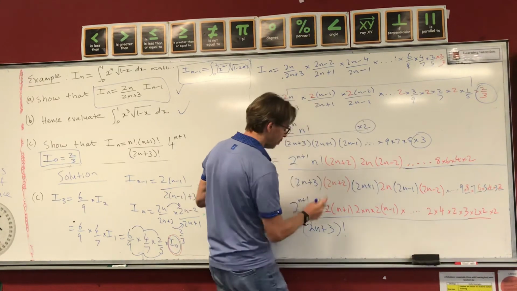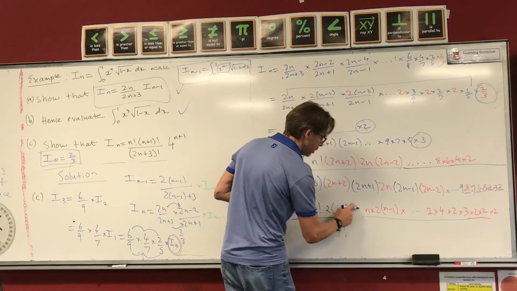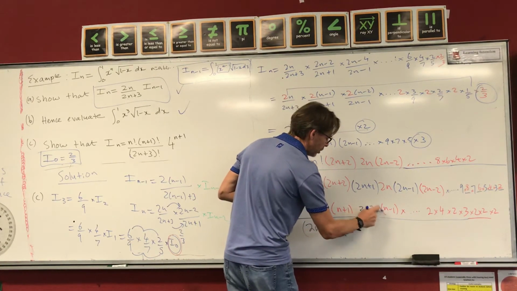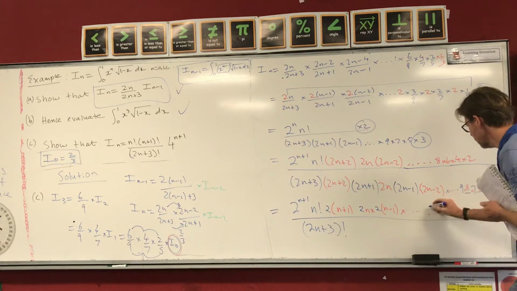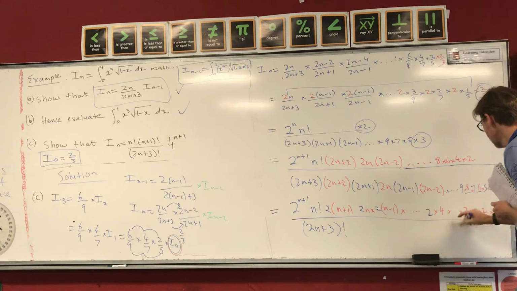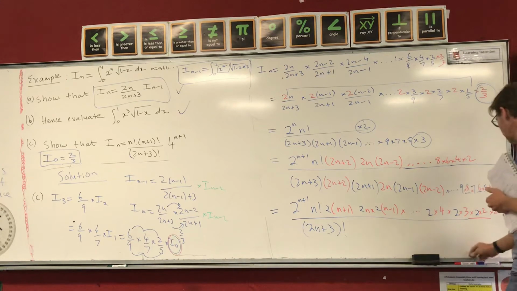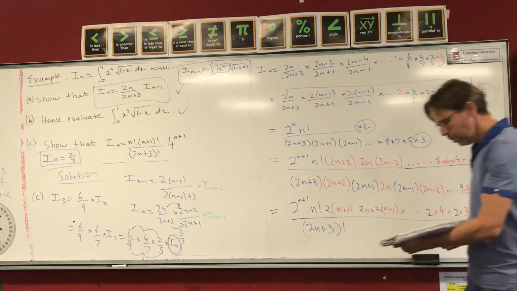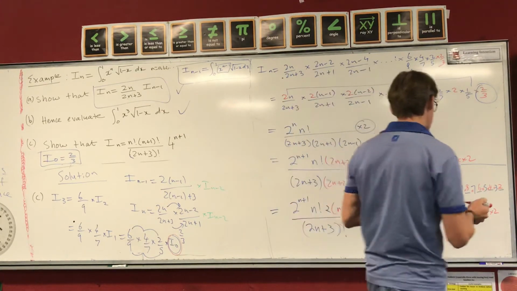Let's count them up. So I'll put this as a 2, as a 2, as a 2. I'll colour all the 2's differently, so we can see those separately. 2, 2. So what we want to do is look at how many 2's we've got.